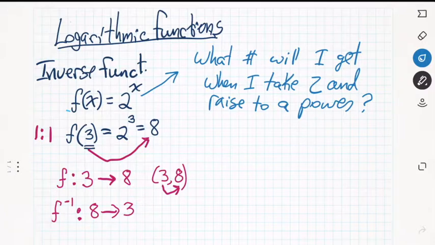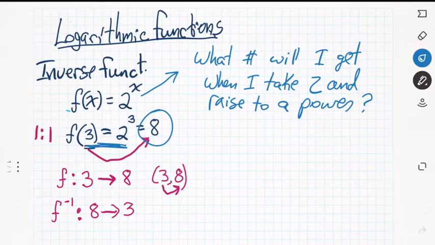Okay, so what number will I get when I take 2 and raise it to a power? So if I raise it to the third power, like down here, then I'm going to get this number. So the answer to the question is the 8.